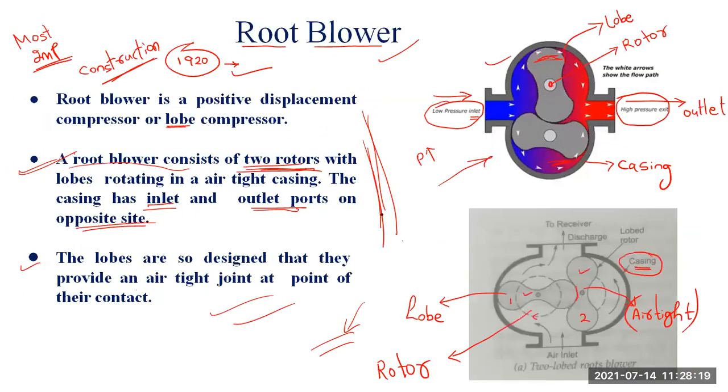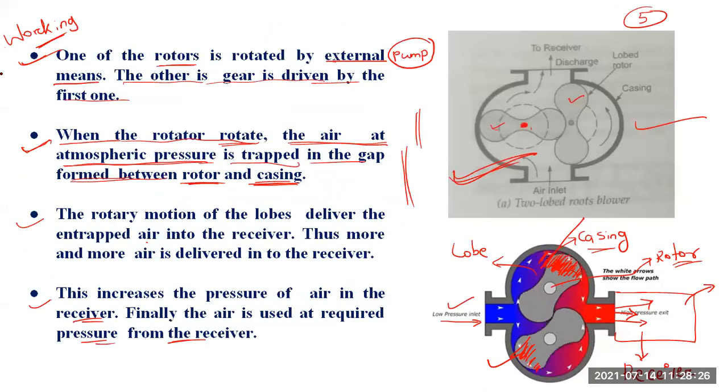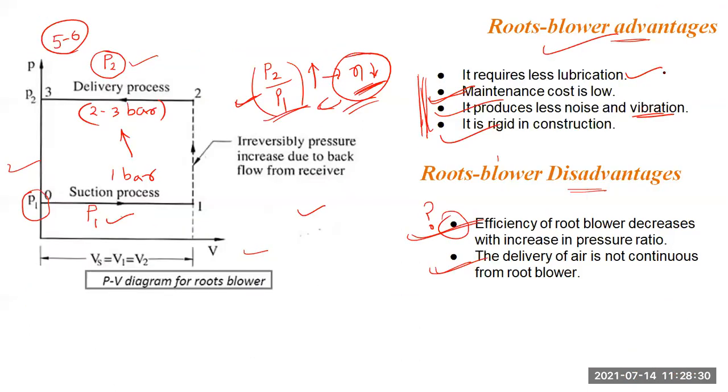So you have to draw this diagram in the exam. You have to write 2-3 points regarding the construction, and 2-3 points regarding the working principle. Disadvantages are optional. If you can write them, it will be excellent. If you cannot write them, it will also be good.